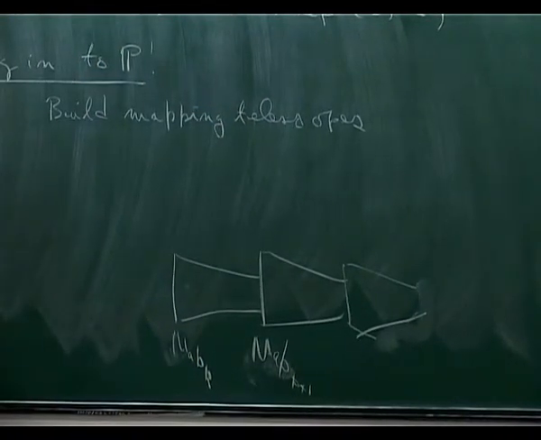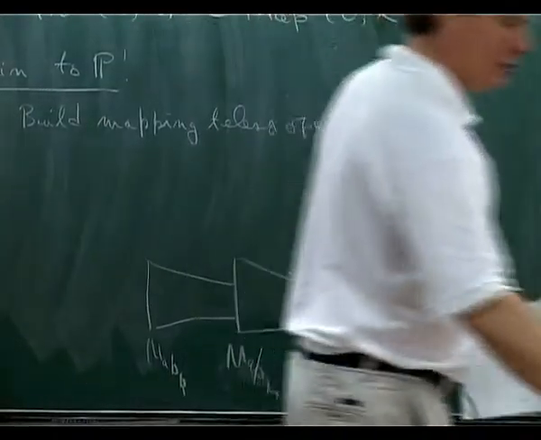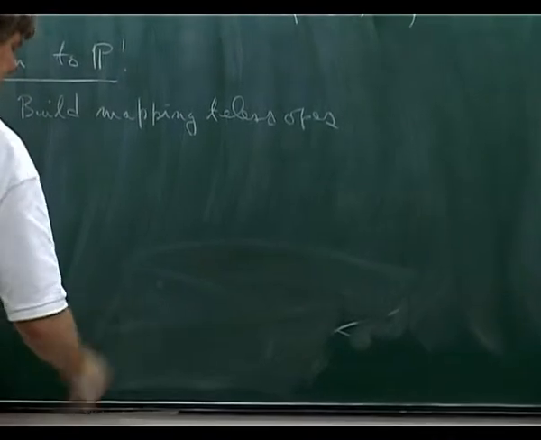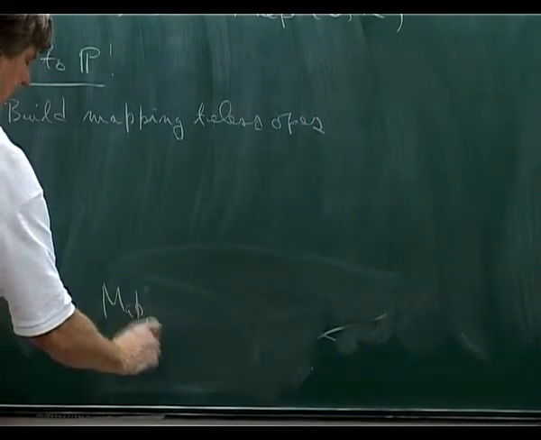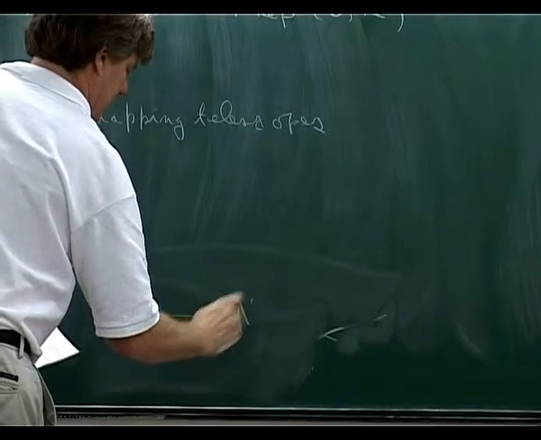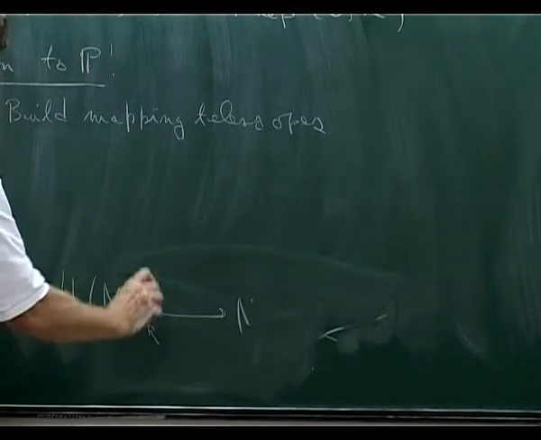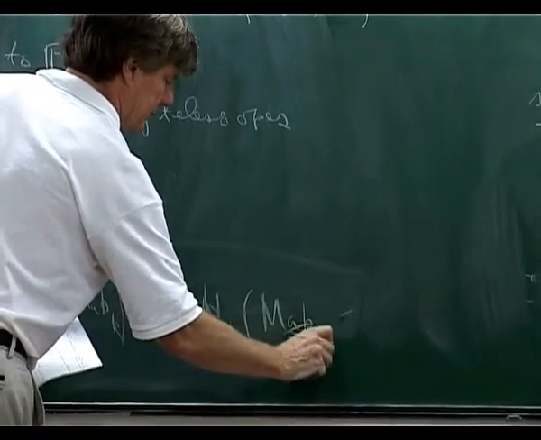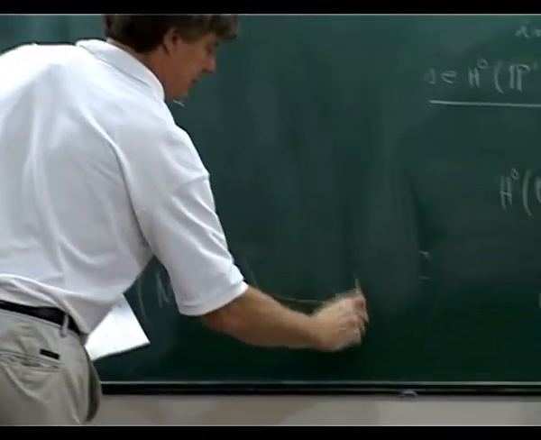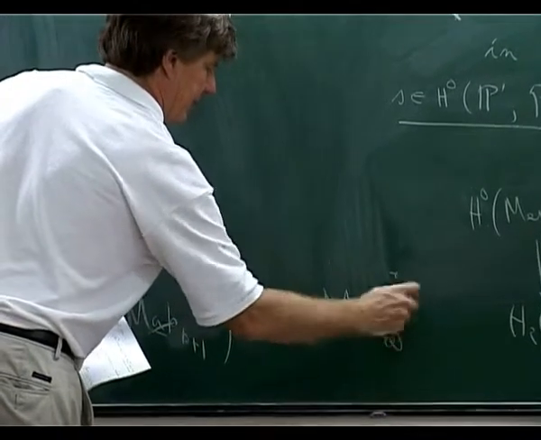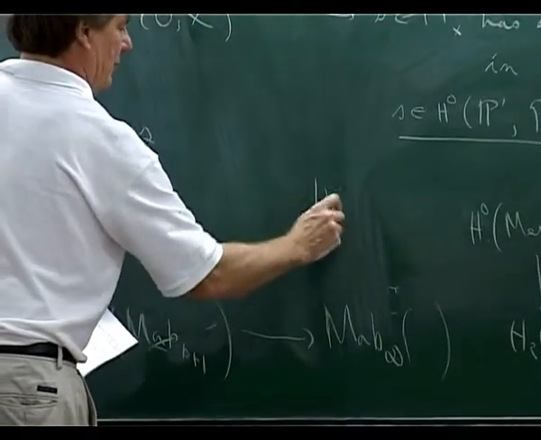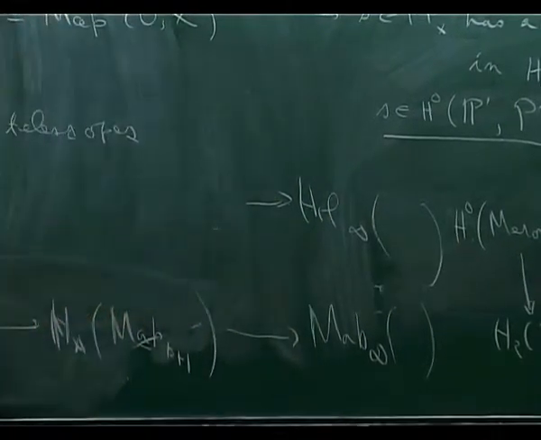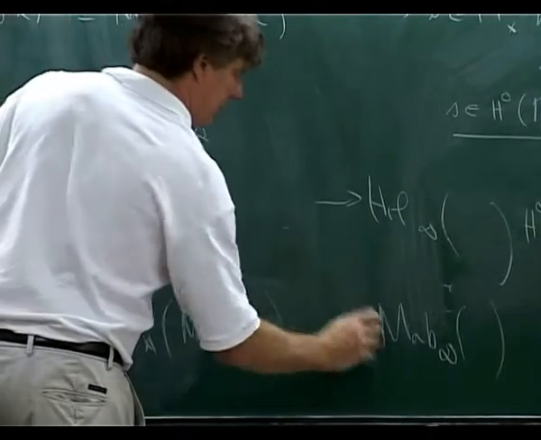But so you get a limit, and maybe I'll just do the algebraic thing. What you get basically is you'll find that the map K and somewhere out here is map infinity. Okay, and here the mapping telescope will be Hall infinity. H star is here too.